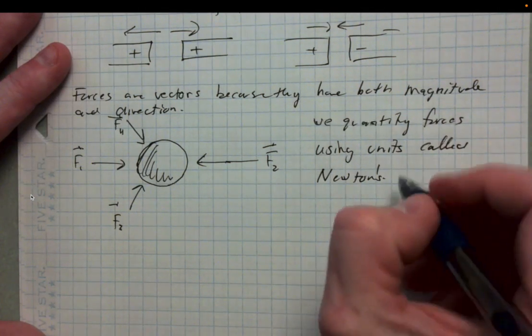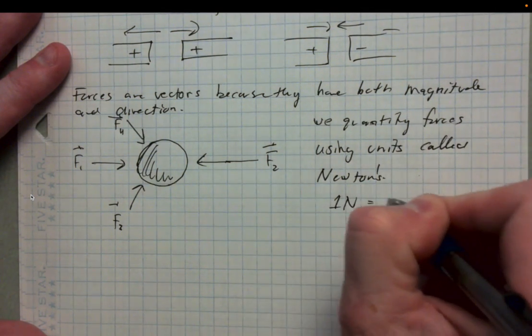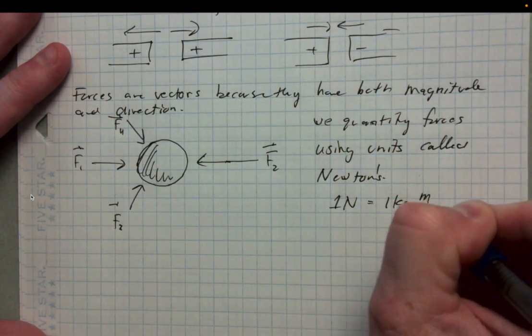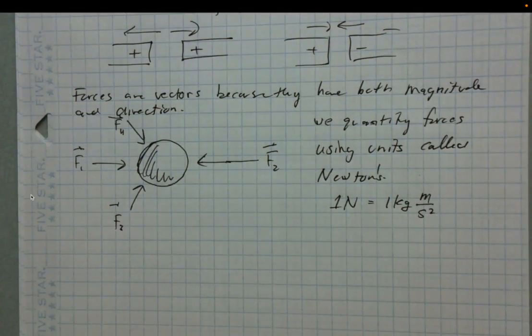And it turns out that 1 newton equals 1 kilogram meter per second squared. So you can already kind of see that you've got a mass involved here, i.e. the kilogram, and you've got a meter per second squared, which we tend to think of as an acceleration. When we get into Newton's laws, Newton's second law in particular, you'll see exactly where these units come from.